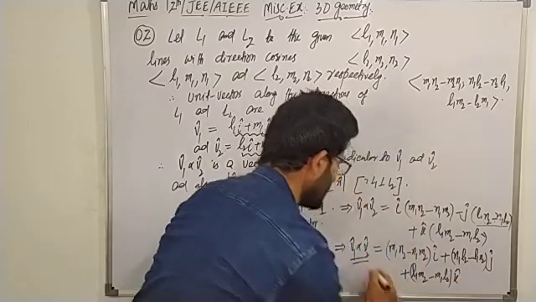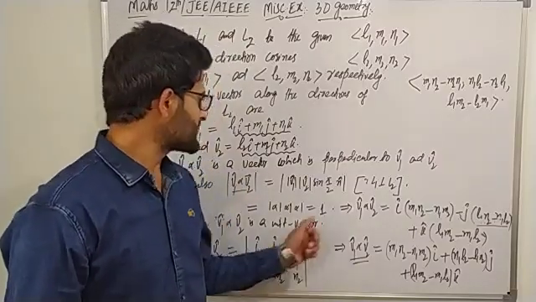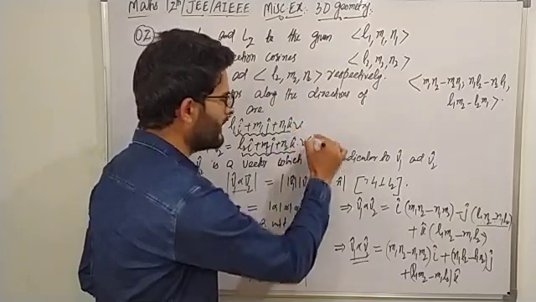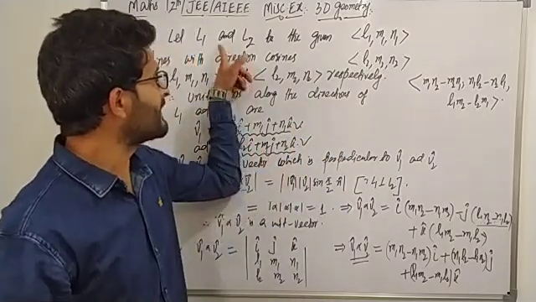तो ये बन गया एक्चुअली V1 cap cross V2 cap. That is a vector which is perpendicular to both V1 and V2. But V1 and V2 are two vectors which are parallel to the lines L1 and L2.